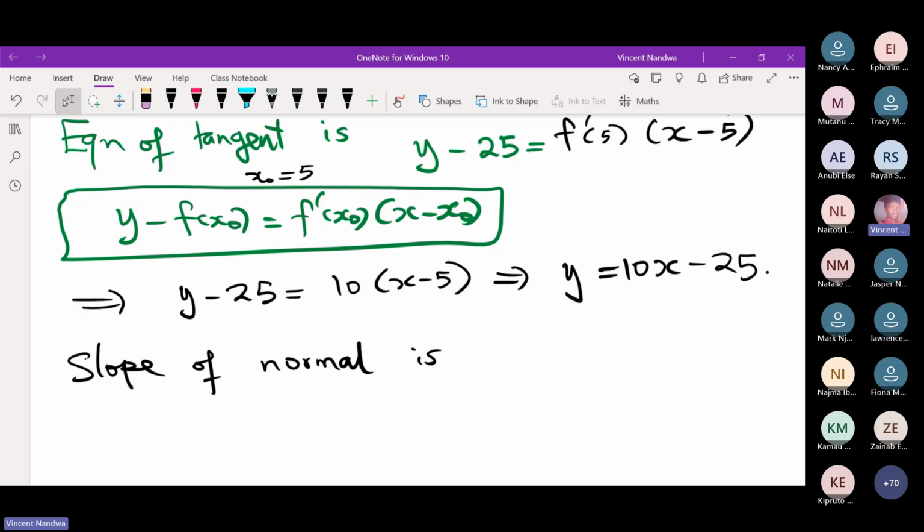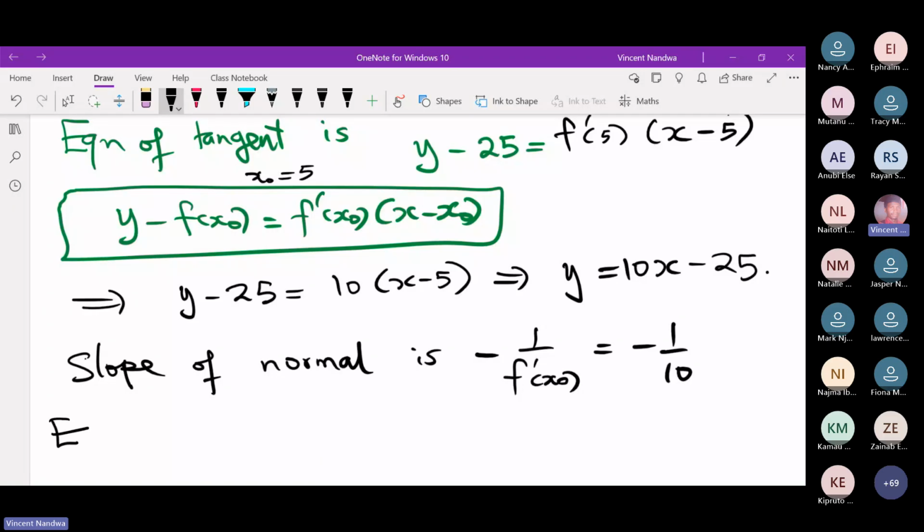In this case, the slope of the normal, if the slope of the tangent is 10, is negative 1 over 10. It's usually given by negative of 1 over f prime at x naught. So this will be negative 1 over 10.